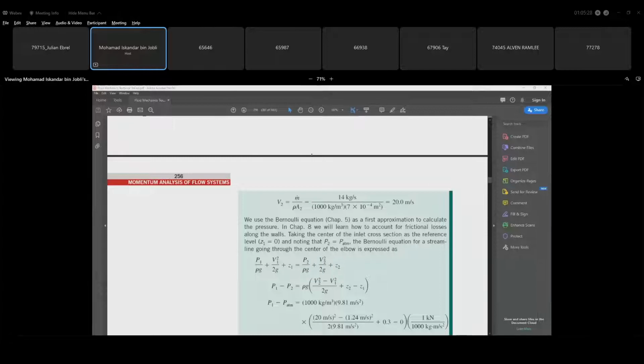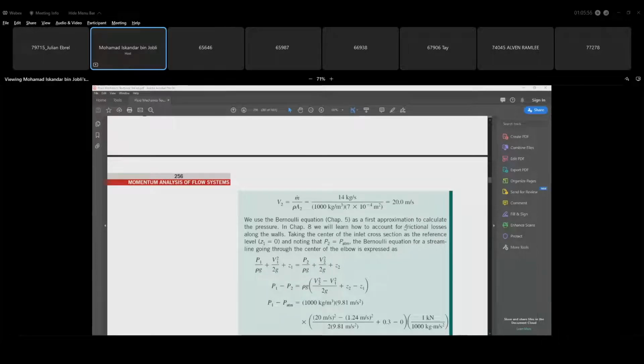I think G is given, so don't worry about it. If the elevation is the one you need to determine, this is the equation to use, fellas. If you need to find anything related to any of the parameters in here, you can use this equation, especially in this case, where you have water flow at point one and point two.